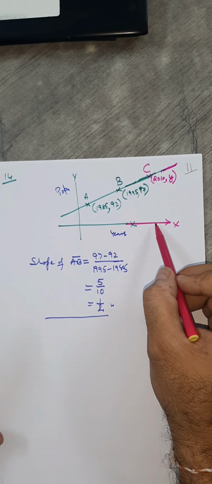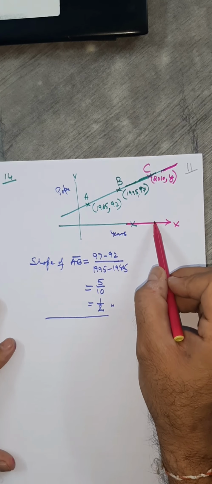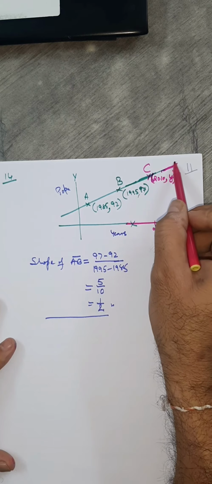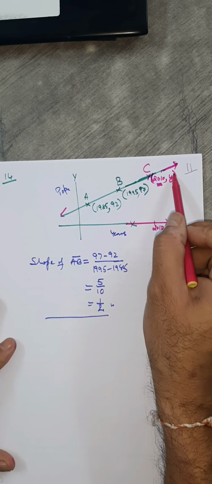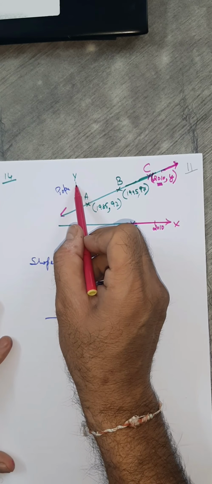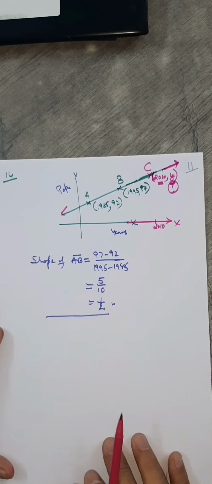What is asked? Find the population in 2010. Now 2010 is here. It will come from the x-axis, you know. So the point C on the same line, where the first coordinate is 2010. Now the y coordinate you want to get. Y coordinate comes from where? Y-axis, population. So this is unknown, which we need to find.